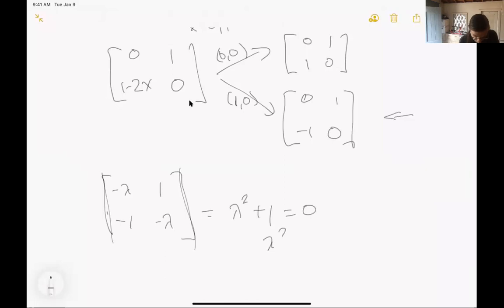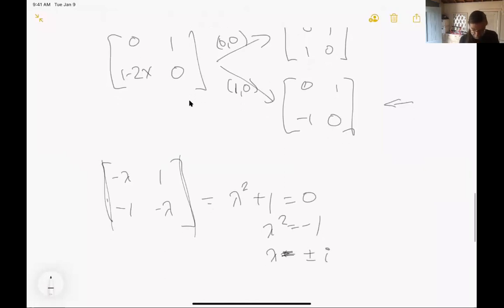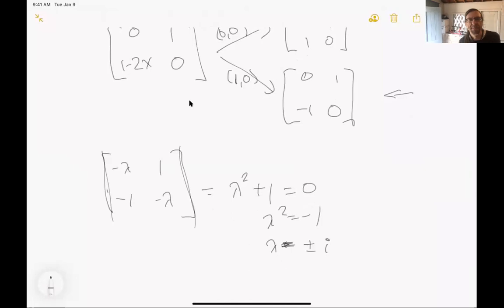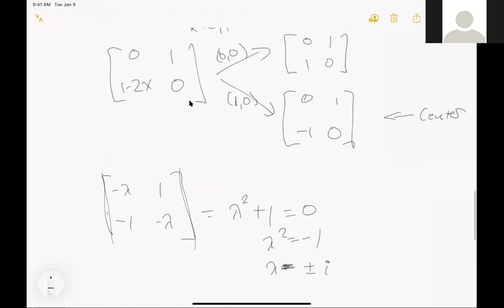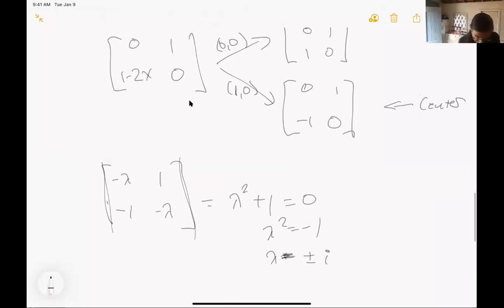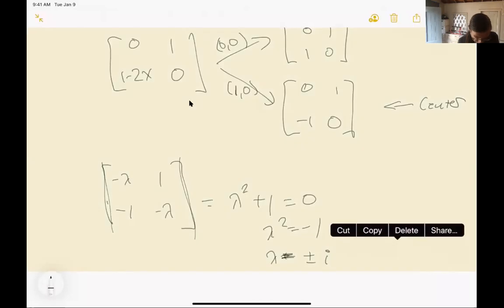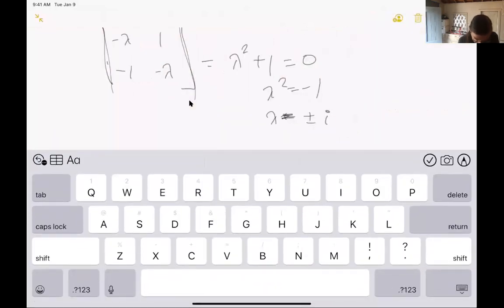So lambda squared equals minus 1, so lambda equals plus or minus i. So for (1, 0), what kind of equilibrium point is that? Center. Okay.